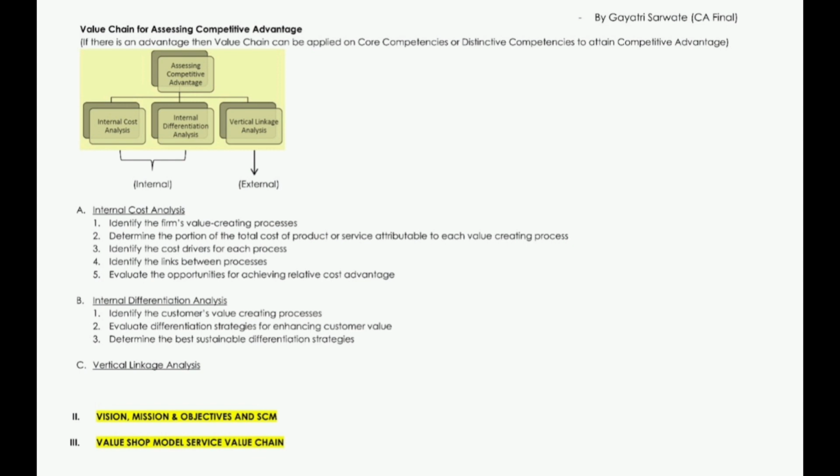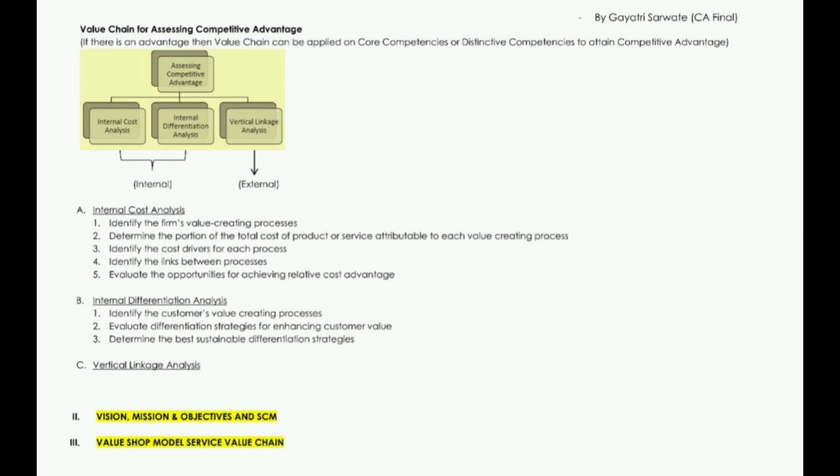Whereas a company's vision is what the company would like to achieve. A vision must be challenging and generally states an ambitious future. A good vision statement must motivate the employees and managers to work towards the common organizational goal. The third thing is a company's objective.